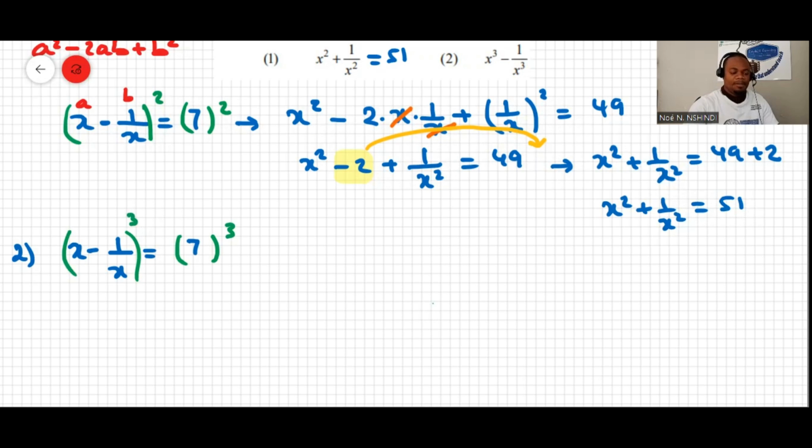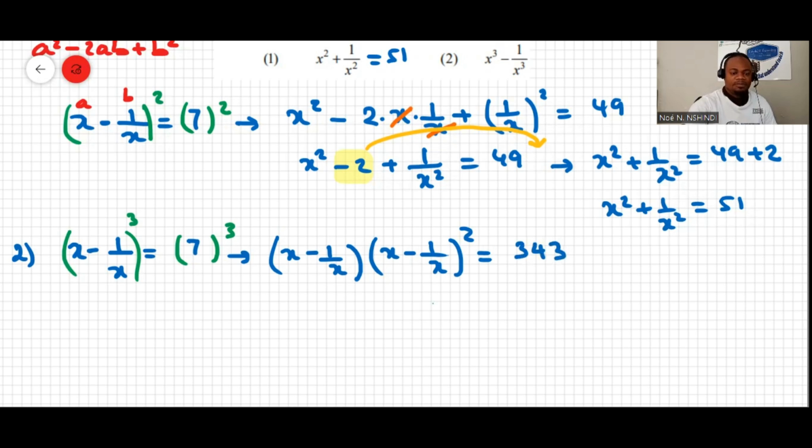If we do that, this implies that we will have x minus 1 over x, times (x minus 1 over x) to the power of 2, equal to 7 to the power of 3, which is 343.